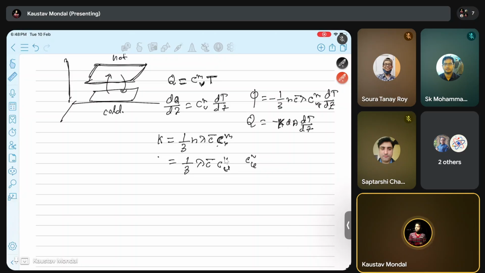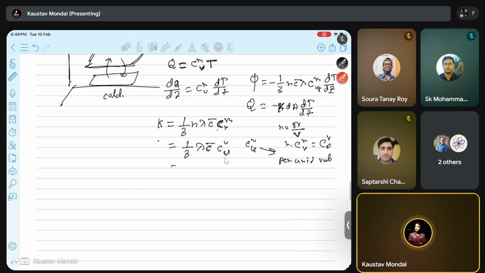Now n is the number of molecules per volume, so n into C_mV gives you C_vV, the heat capacity per unit volume.